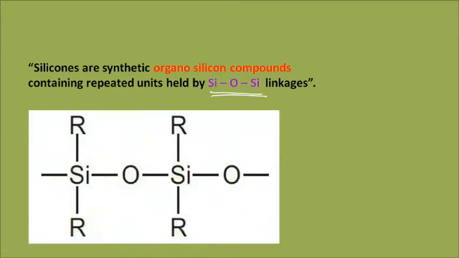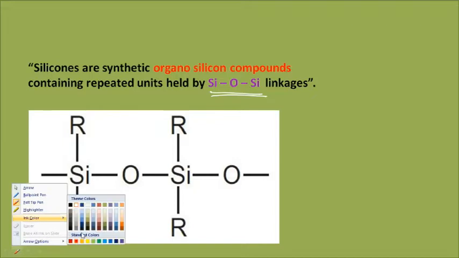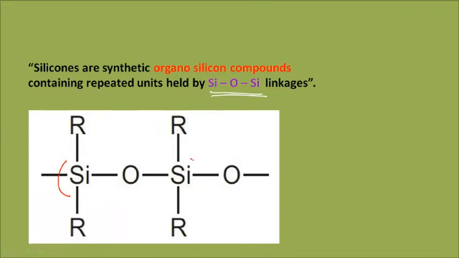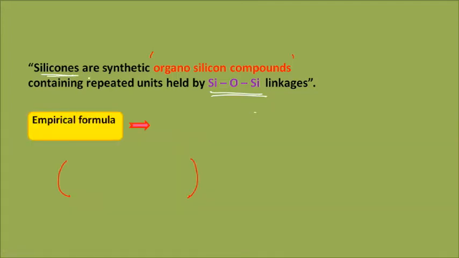You can see the Si-O-Si linkage very often here. If there is a repetition of the Si-O-Si linkage, we can say that this is an organosilicon compound. We'll be calling it by the name silicones.